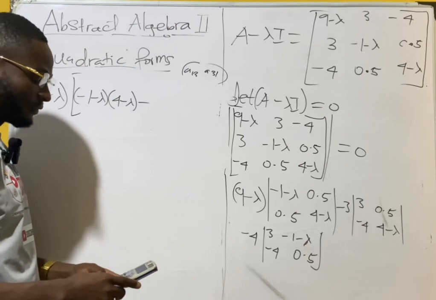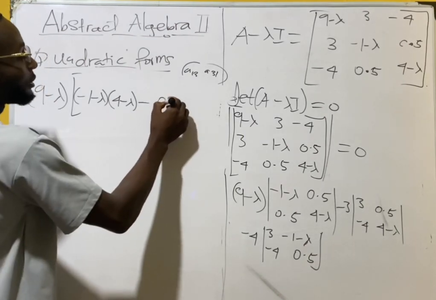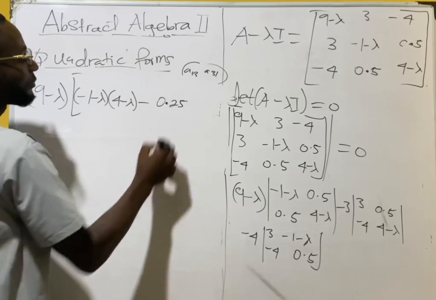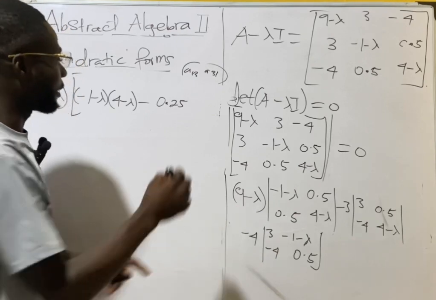So we have 0.25, right? So we are done with the first part. Okay.